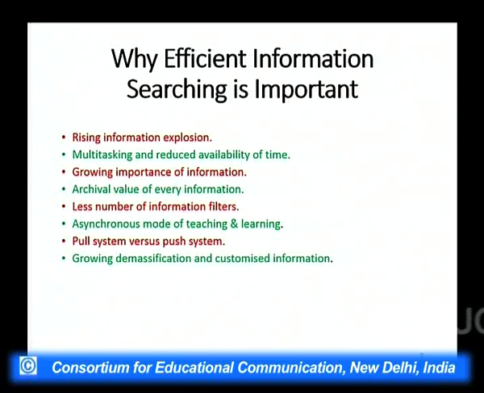And the next one is the growing demassification and customized information. As you know, demassification means that information created by the mass media is valid for everybody, but the demassification concept says that no, media should create information for a particular class of people and not for everybody, across the board.